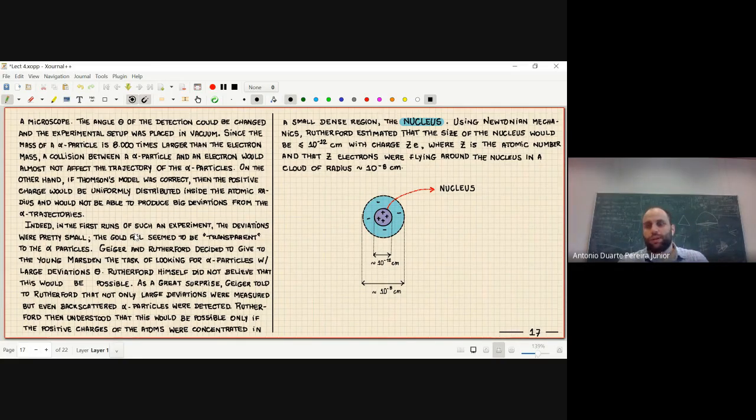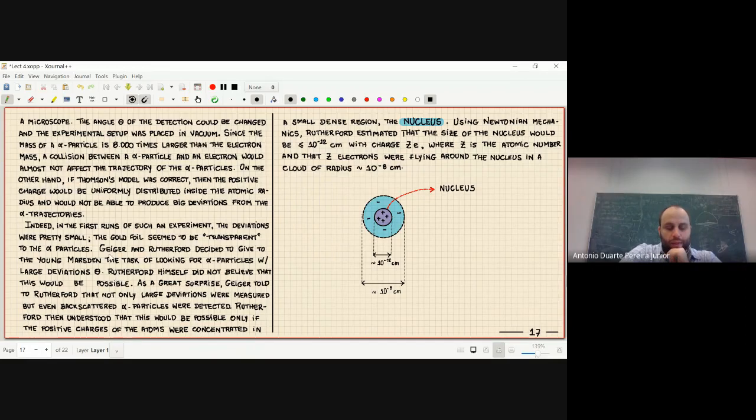So they thought that, well, our assumptions and predictions are correct. I mean, the electron has a mass much smaller than the alpha particles, so they will not play an important role for the deviation of the alpha particles. And the positive charges, since they are uniformly distributed, will not produce a net effect that is relevant.